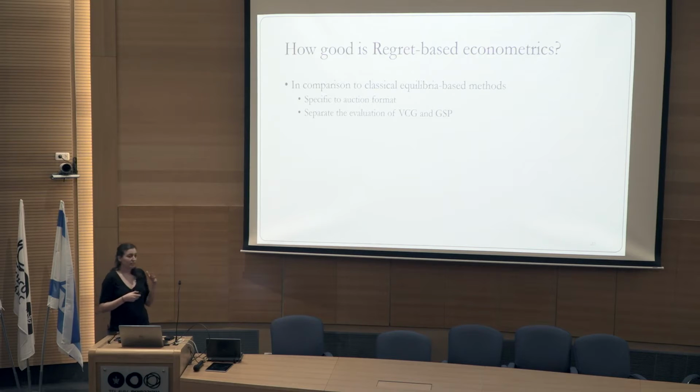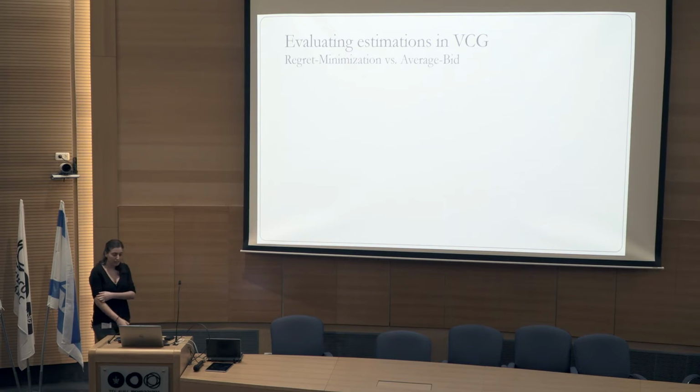Okay, and now we want to compare this regret minimization with methods that rely on the equilibrium assumption, but since GSP and VCG have different equilibria, the standard methods are different for these two auctions, so we will look at them separately, but we use just the same regret minimization method for both GSP and VCG. So let's start with the VCG auction.